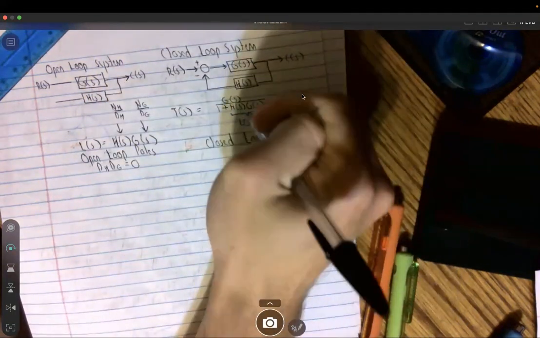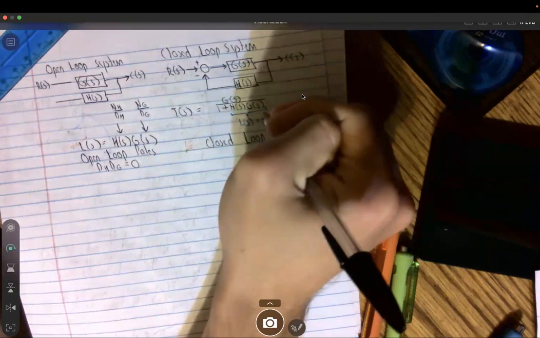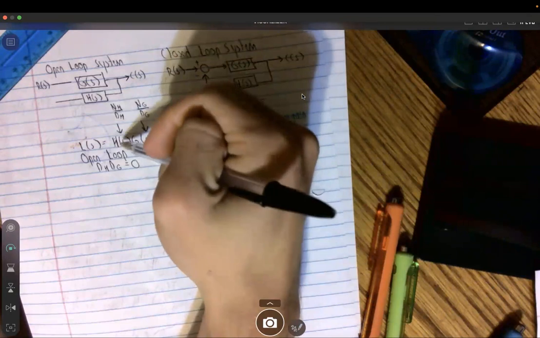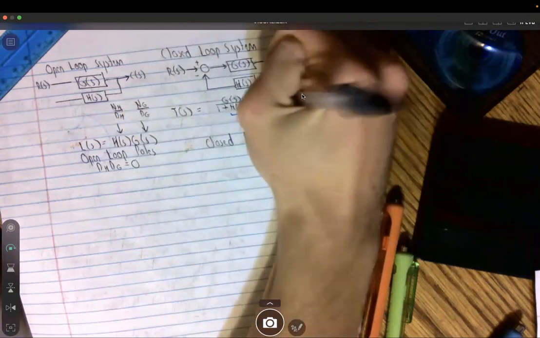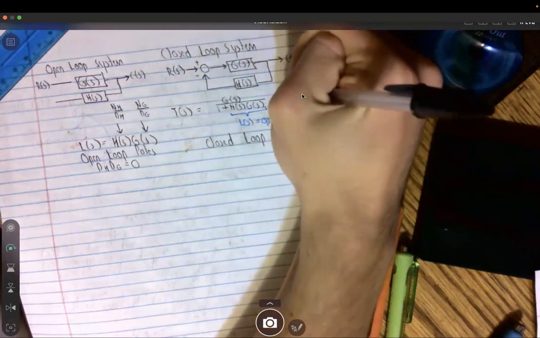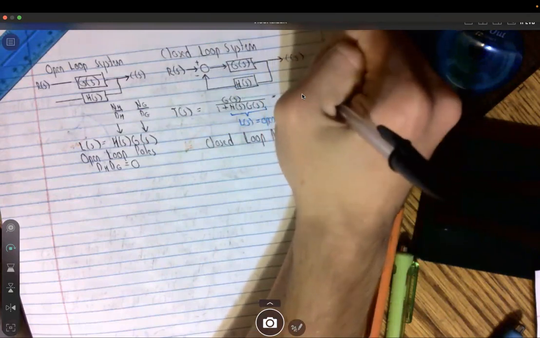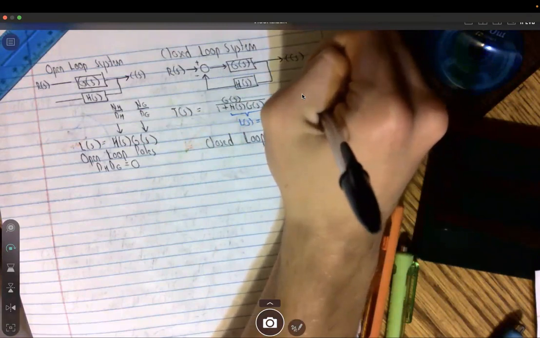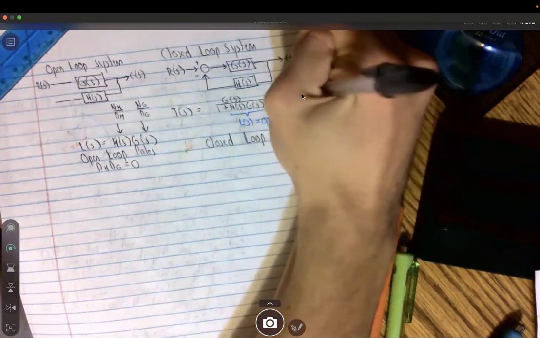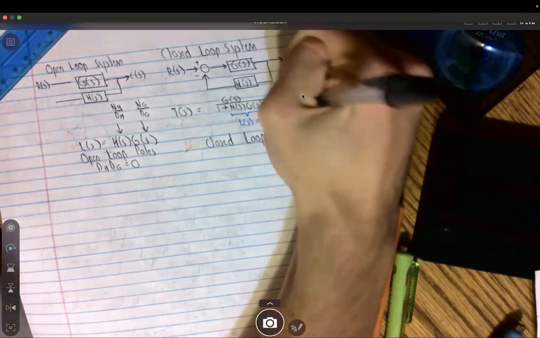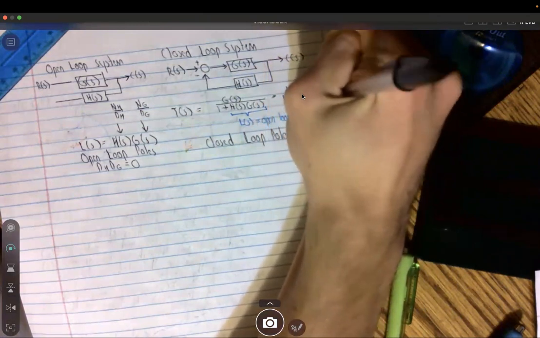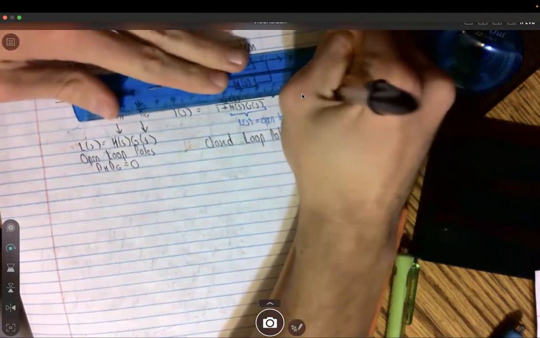For the closed loop, you're going to notice that when you rewrite this, it would be N of G times D of H all over D of G D of H plus N of G N of H. If you do the fractions and simplify, you will get that.